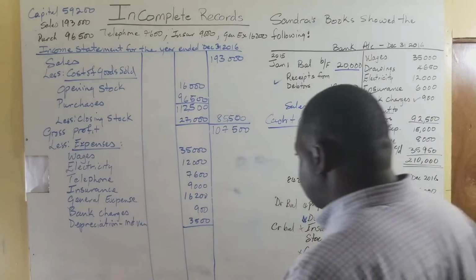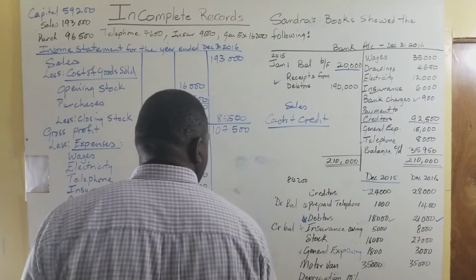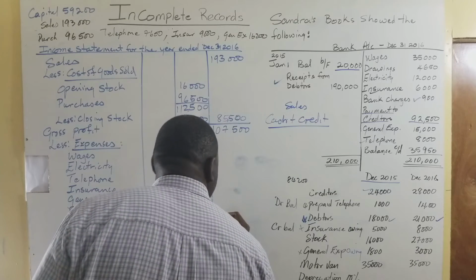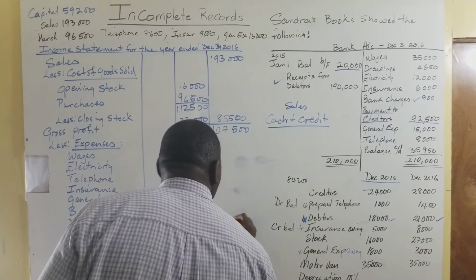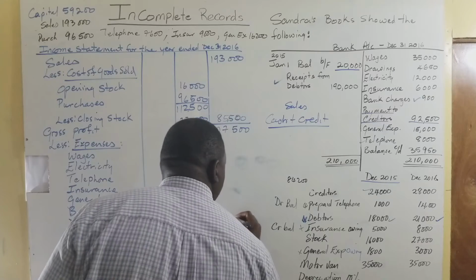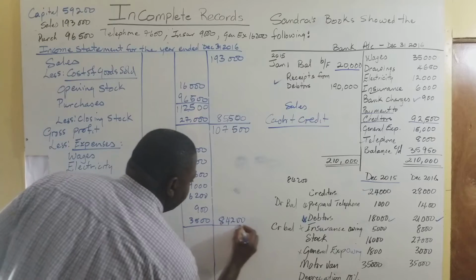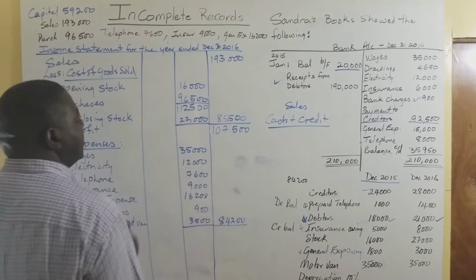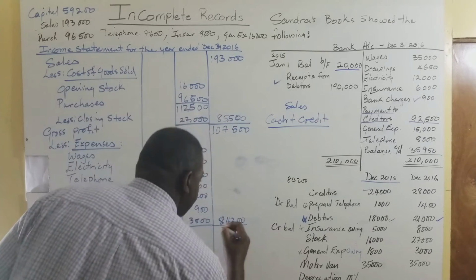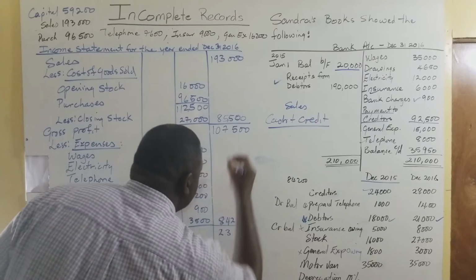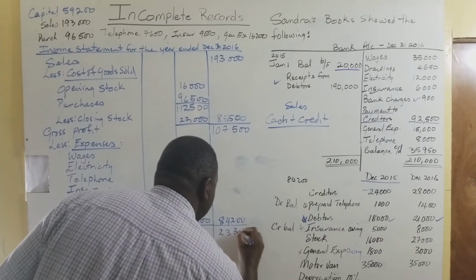When we add the total expenses, we are getting a total of 84,200. We're going to subtract the total expenses from our gross profit, and we should be getting 23,300.